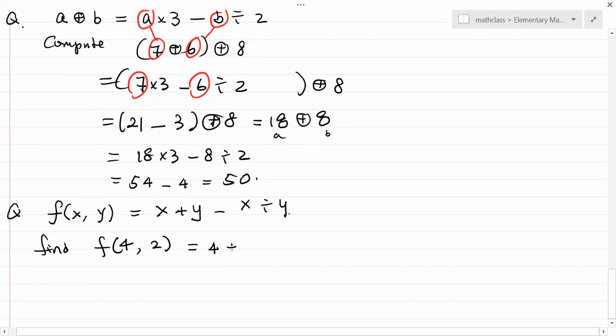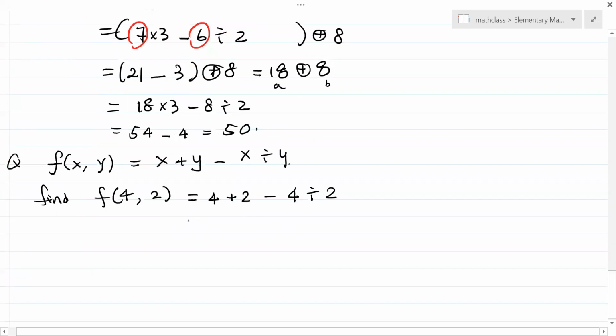In the place of Y, you have to put a 2 there. Then you plug 4 for X, 2 for Y, and do the computation. It's going to be 6 minus 2. That's going to be 4, okay? So the answer is 4. Got it? Good job. So you understand this, right?